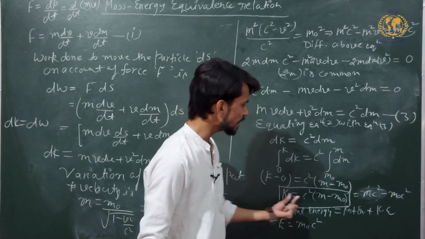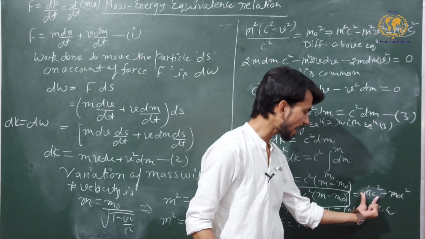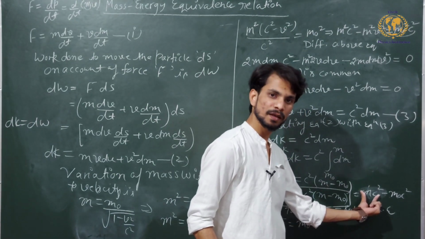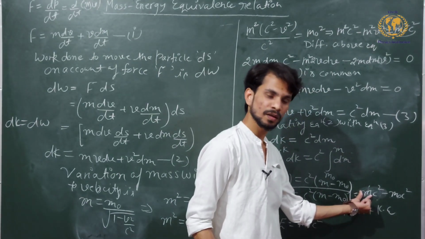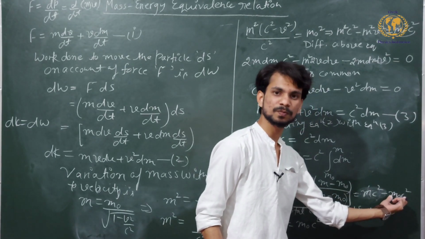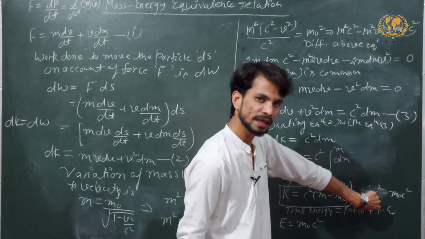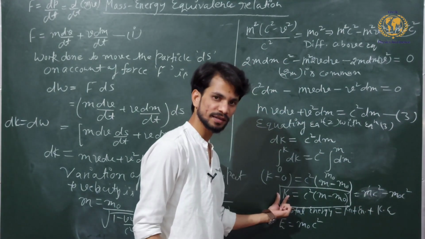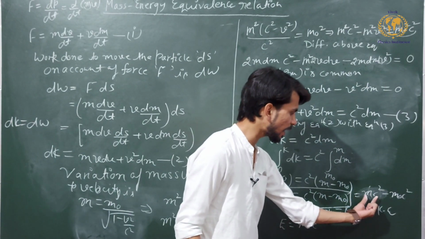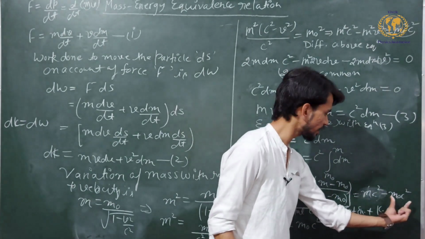So kinetic energy is equal to the difference between the energies when the particle acquires the mass m and when the particle had mass m naught. So this gives me the difference of two kinds of energies equal to the kinetic energy. This is the energy when the particle is moving, and this is the energy when the particle is at rest.